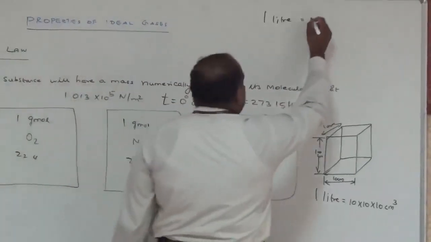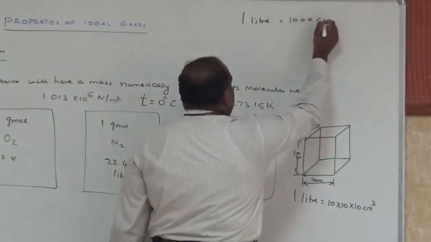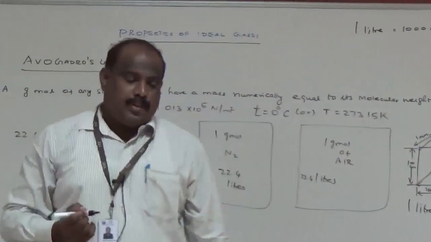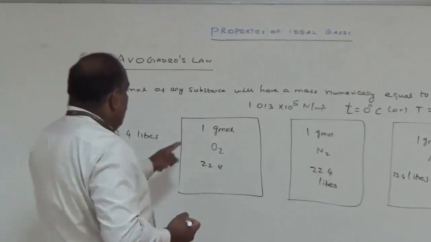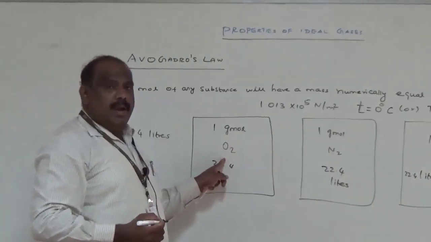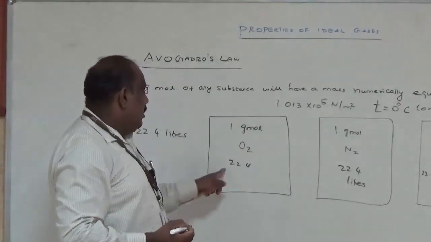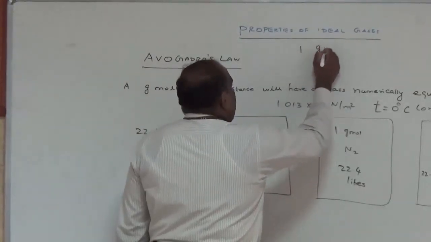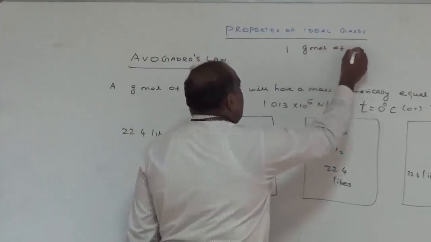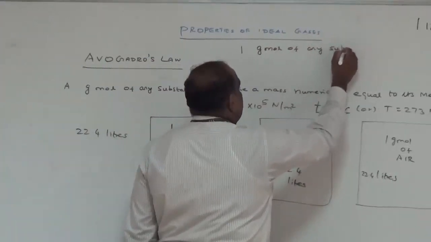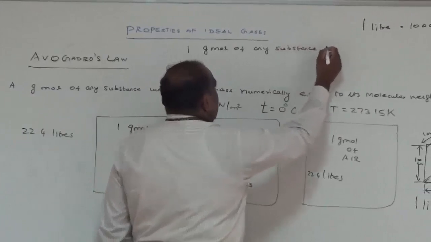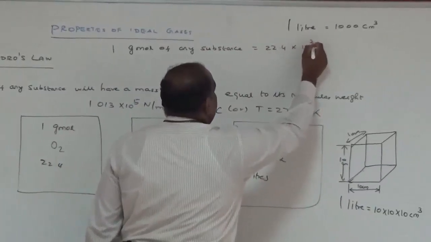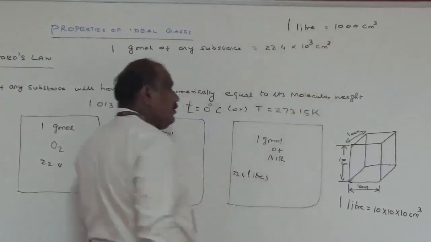So 1 liter is equal to 1000 centimeter cube. That's what I want to tell you. 1 liter will be equal to 1000 centimeter cube. Now 1 gram mole of any substance, maybe oxygen, hydrogen, any substance, will occupy a volume of 22.4 liters. 1 liter will be equal to what? 10 power 3 centimeter cube.